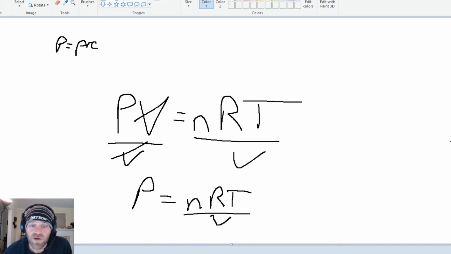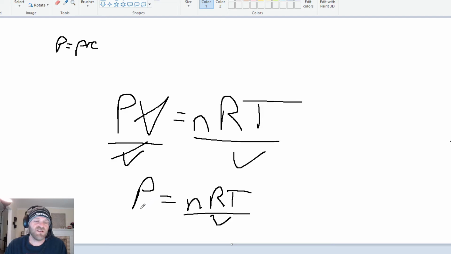So here's what we're going to do. Let's say I've never seen Boyle's law, Charles' law, Gay-Lussac's law, or Avogadro's law. But I know the ideal gas equation. Let's say they gave me a pressure and they want to know how the volume changing will affect it.